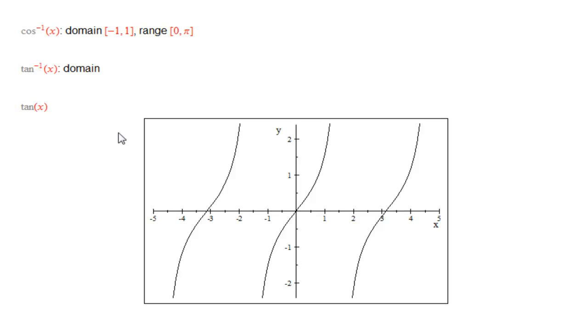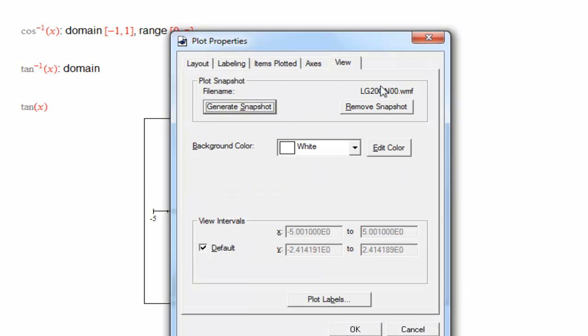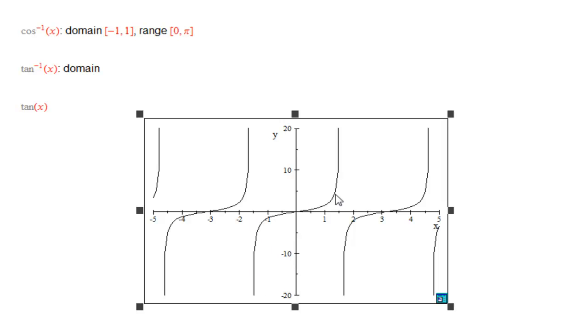Now, the domain of inverse tangent is going to be the range of tangent, all the y values that are assumed. Because we have a vertical asymptote here, it doesn't matter how far my graph goes up. Let's see, I could change the properties so that it went up higher. Maybe my y values go from -20 to 20. Tangent's still going to go up that high. See how it keeps going?